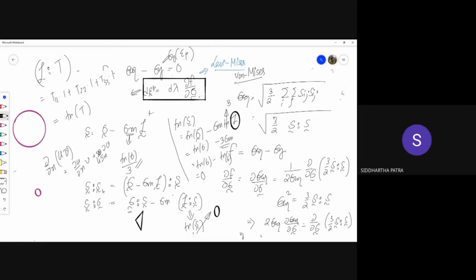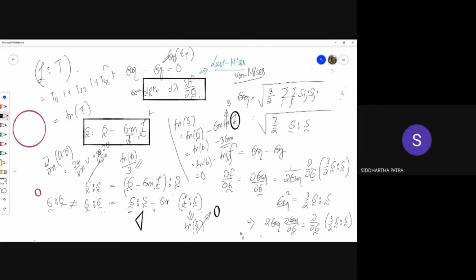Okay, so that means substituting this expression of S not to the first S but to the second S. So what I'm doing over here is of course not same as sigma inner product sigma. One of the stresses must be the deviatoric stress. Okay, it's not sigma inner product sigma, it is S inner product sigma or sigma inner product S. At least one of them should be the deviatoric stress.